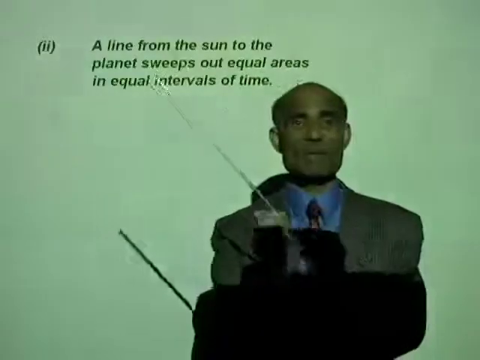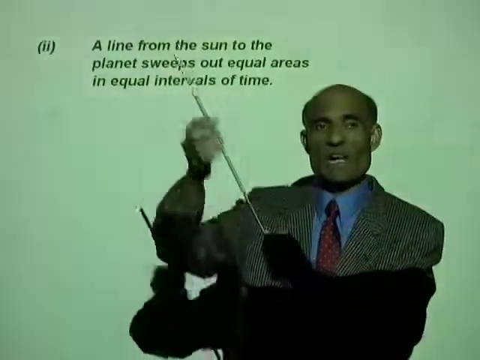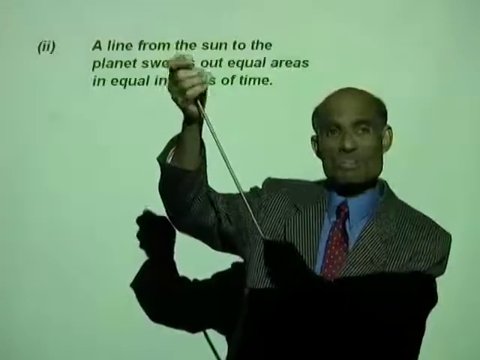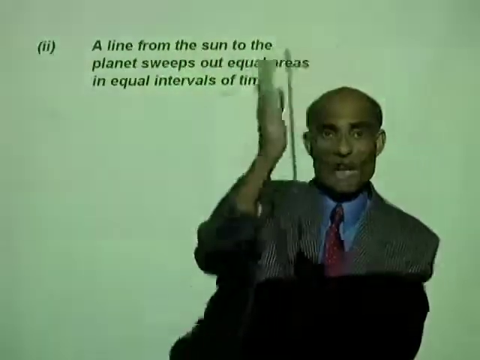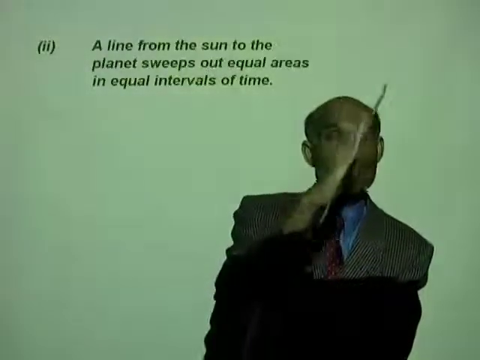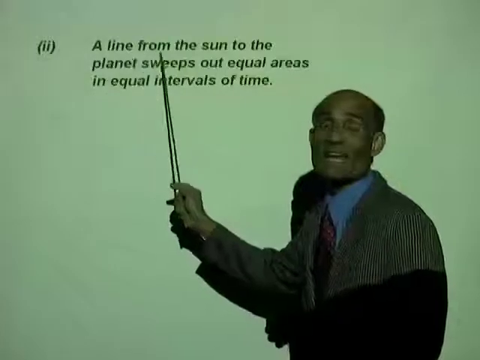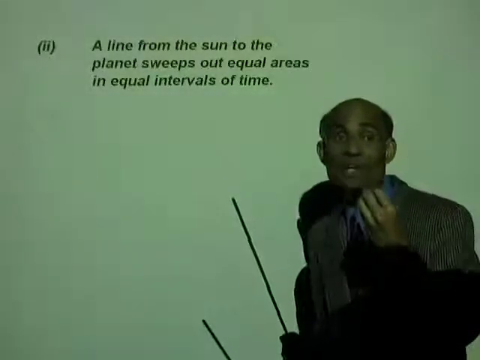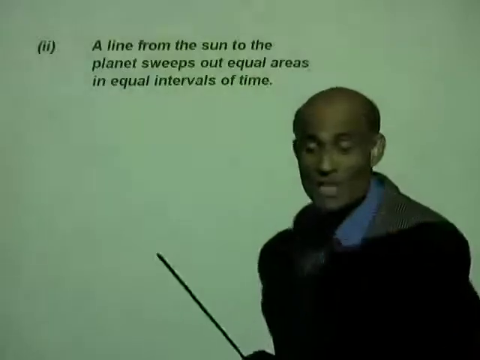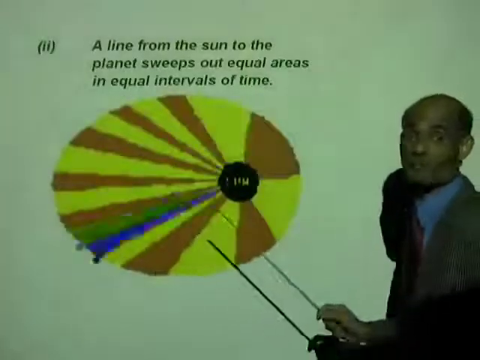What is the meaning of that? If this is the sun and this is the planet, the line joining the planet to the sun will sweep out areas as the planet moves. Now, a very important law: a line from the sun to the planet sweeps out equal areas in equal intervals of time. Now, watch this.